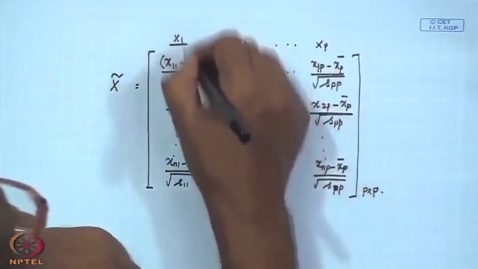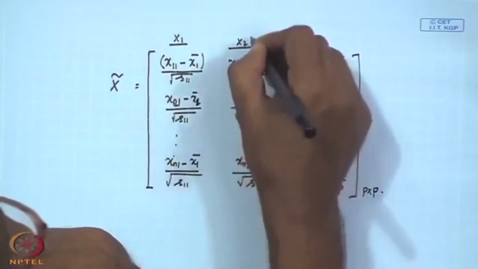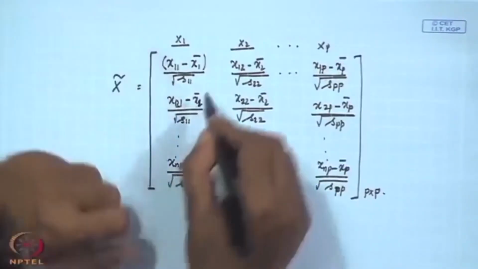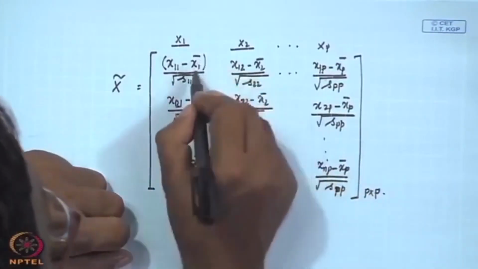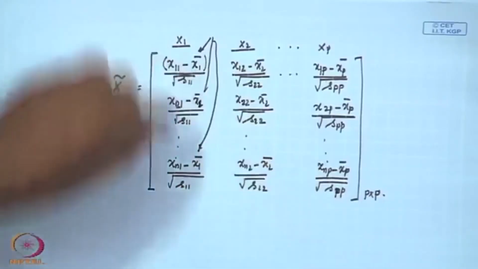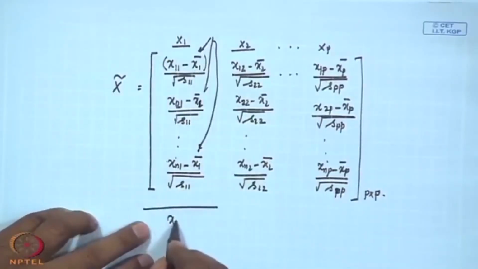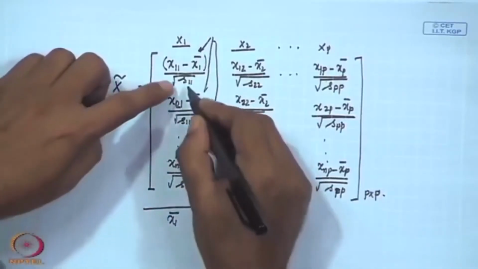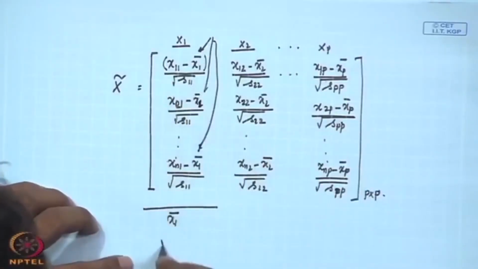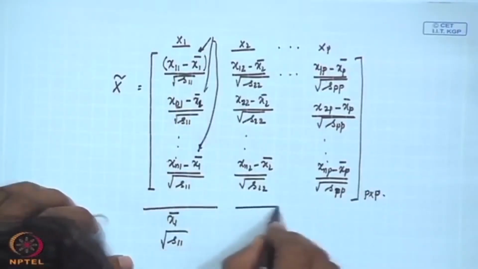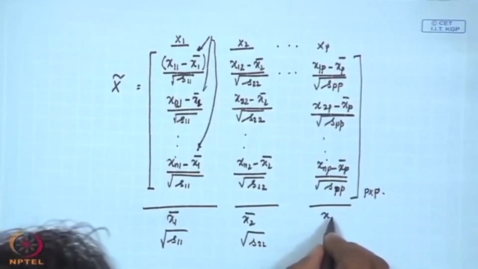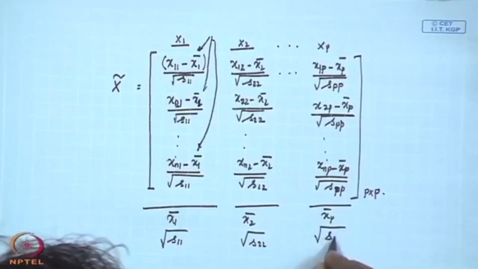When it is x1, all will be s11, x2 all will be s22, when it is p all will be spp. See, the similarity is when each observation is subtracted by the mean of the variable 1, the resultant quantity is divided by square root of s11. Similarly, here x2 bar square root of s22. Similarly here xp bar square root of spp.